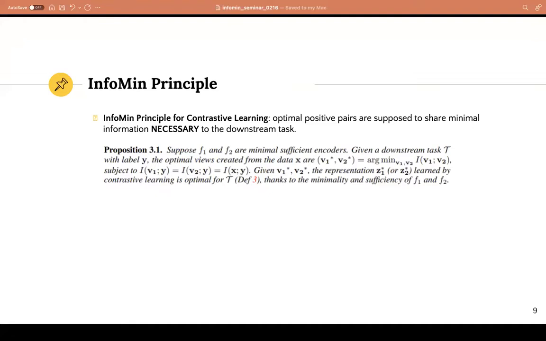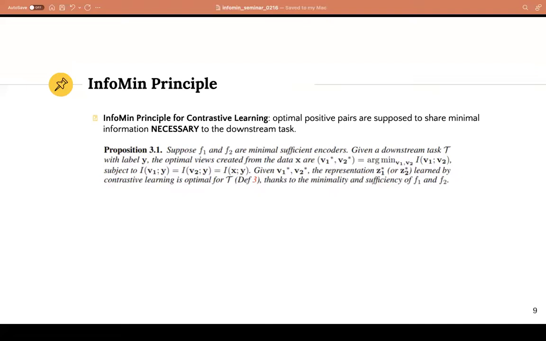If we have the formal definition, you can see here you can have f1, f2, two sufficient encoders, given a downstream task with label Y. The optimal views are those two views that minimize the mutual information of these two views, subject to I(v1; y) equal to I(v2; y) equal to I(x; y).